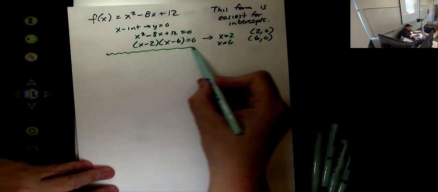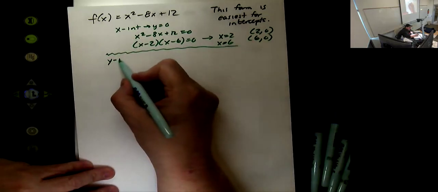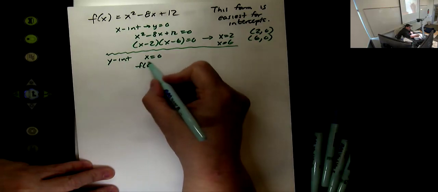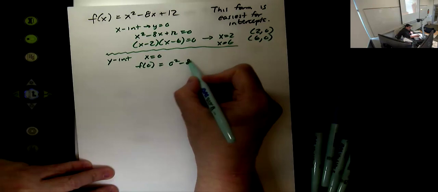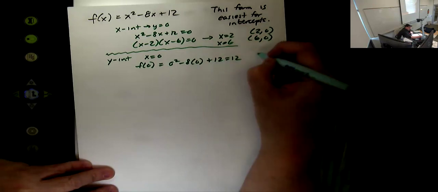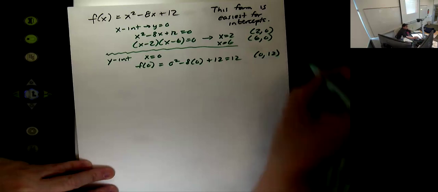My y-intercept is even easier. Plug in x equals 0 and I get 12. So (0, 12).